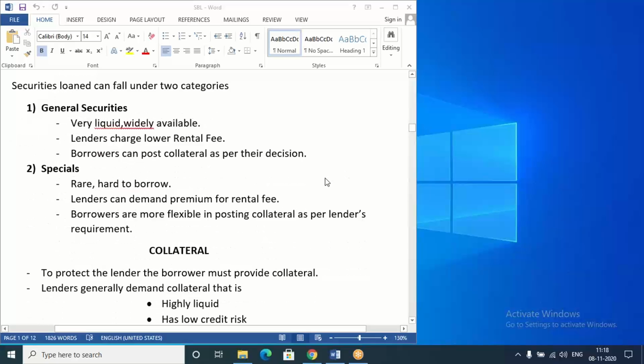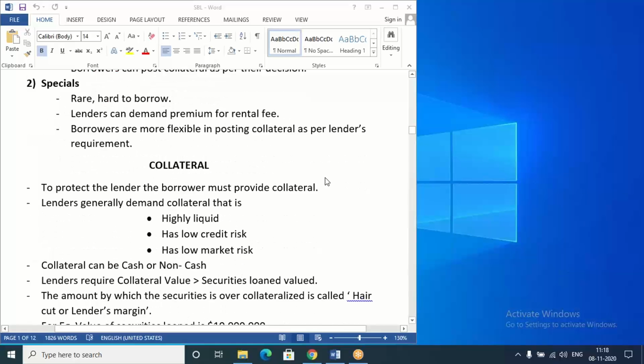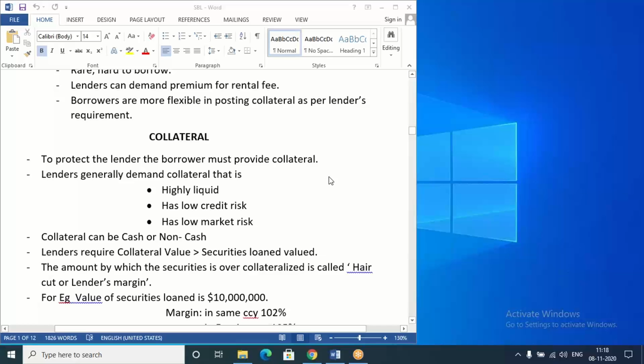Okay, so the next thing we're going to discuss is collateral. To protect the lenders, the borrower must post collateral. Lenders generally demand collateral that is highly liquid, has low credit risk, and has low market risk.